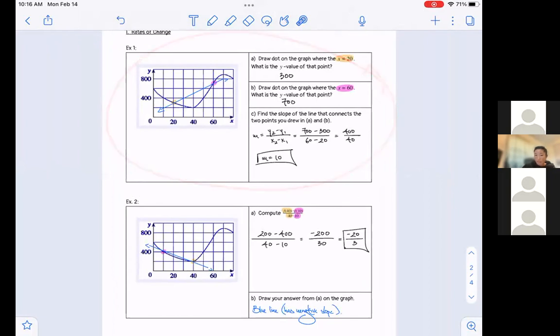But then sometimes the way the question gets asked, it asks us to answer different parts of the question, right? So I didn't say draw this dot, draw that dot, then find the slope. I was like, let's make sure we know our function notation, that we can find points on a graph. And then this is a negative number, but that's good because when we look at the picture, it does indeed have a negative slope. Right. All right. Any questions on example 2?